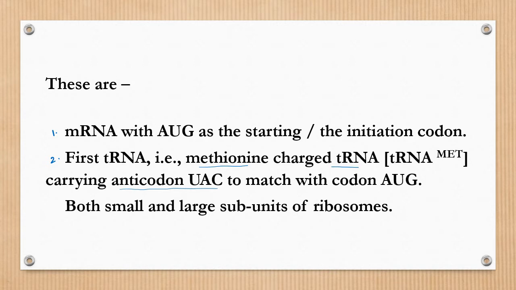So with the first factor, mRNA with AUG, the complementary anticodon is UAC to match with that codon AUG on mRNA. Third, both the small and large subunits of ribosomes need to be present. All these three factors are essential for the initiation of protein synthesis.